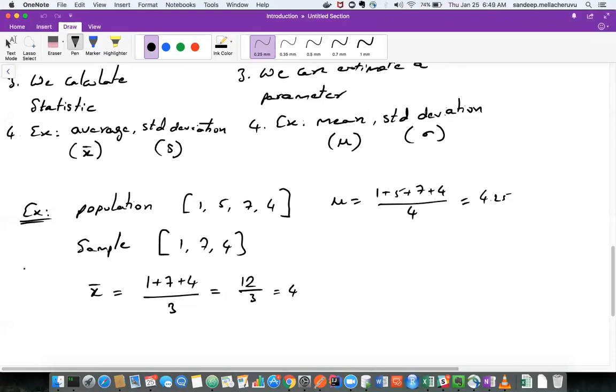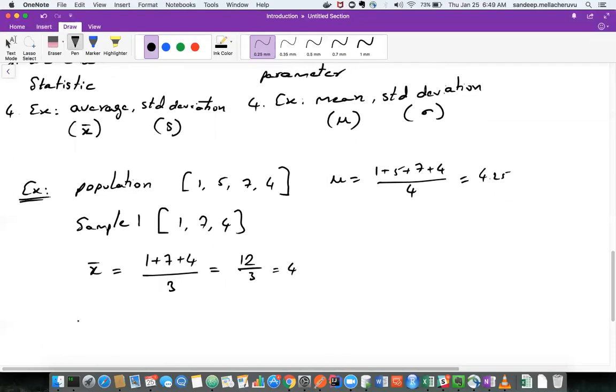Yes, X bar and mu are different. And is there only one X bar? This is an important question. Whatever I took is sample 1. I can take another sample, sample 2, from the same population. Let's say this is collected by Vijaya.